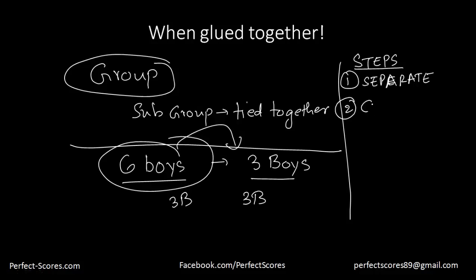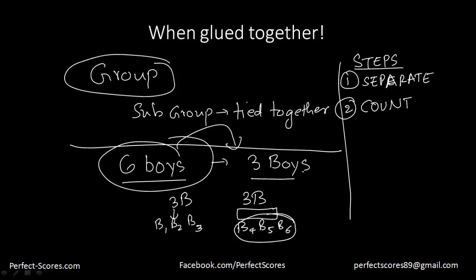Then you count how many different individuals you have. You have these 3 boys, boy 1, boy 2 and boy 3, and you have a group of 3 boys here which wants to come together. So this group will always have to be together. So indirectly you have 1, 2, 3 and 4 groups.